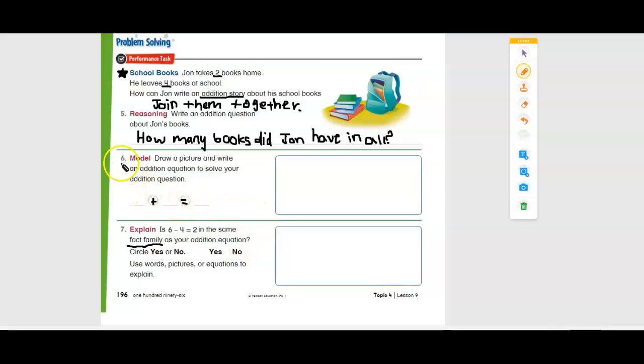So look at your equation that you wrote on number 6 and say if it is in a fact family with 6 minus 4 equals 2. You'll circle yes or no, and if you need to show your work, you will write it in the box here.